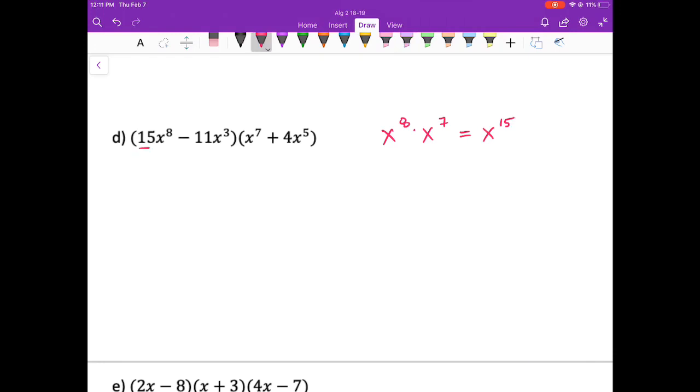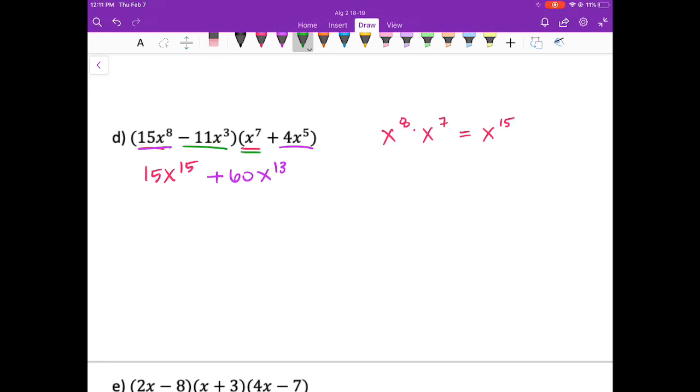So I multiply my firsts. 15x to the 8th times x to the 7th. I have 15x to the 8 plus 7, which is 15. My outsides, I have 15x to the 8th times 4x to the 5th. I have 60x to the 13th, because my exponents become 8 plus 5.